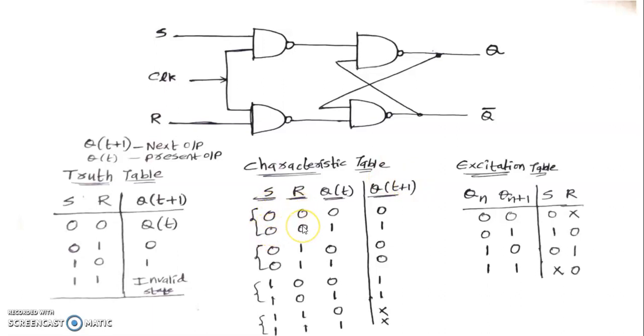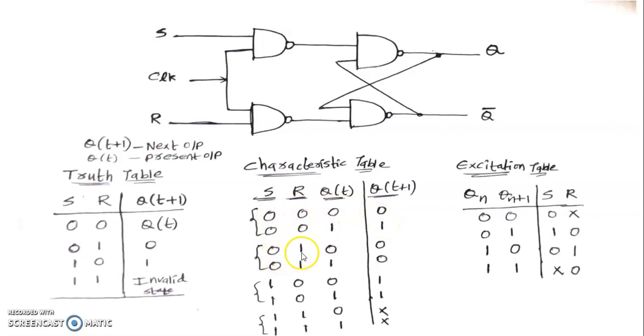Now if the input is 0, 0 and the present state output is 0, what is the next state output? If S and R are both zeros, it is acting like a memory. So whatever the present output is, that will be carried forward to the next output also, that is 0. For 0, 0, if the output is 1 here, then the next state output is also 1. So it acts as a memory for the 0, 0 case.